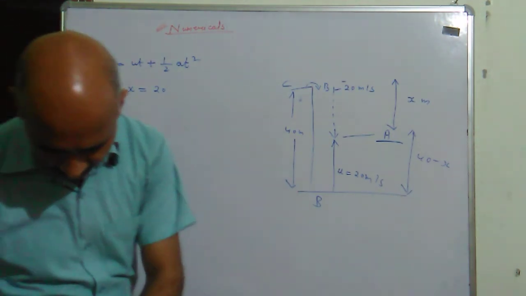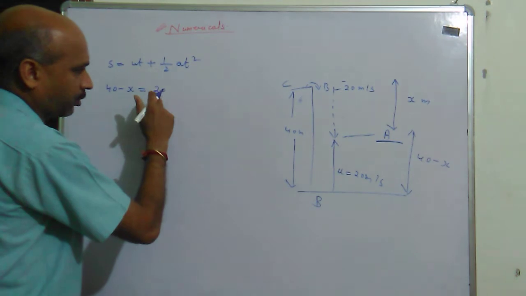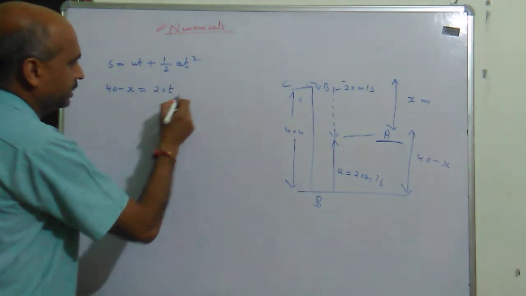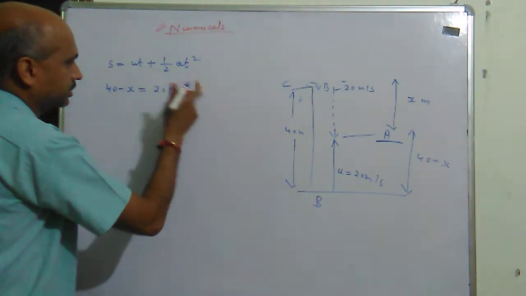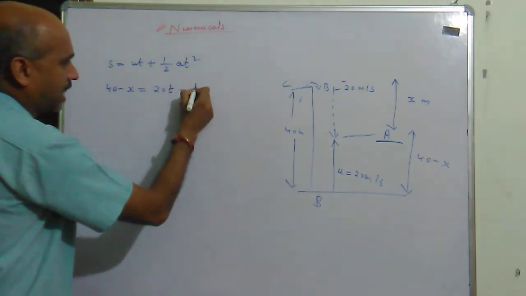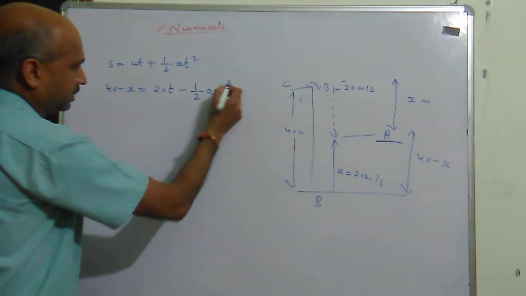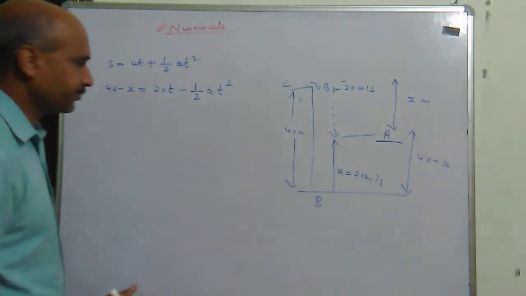So that means we have to calculate the time also. Time की value हम लोग बाद में देखेंगे. So let me put it here: 20t minus, this is thrown upward, that's why we have put it minus here, half at square. So this we are getting.